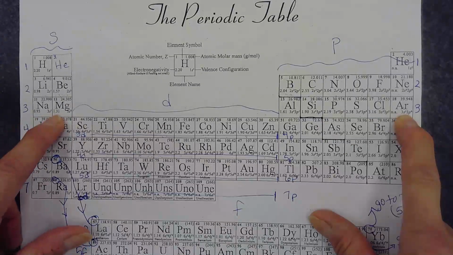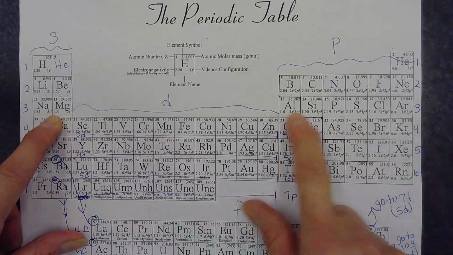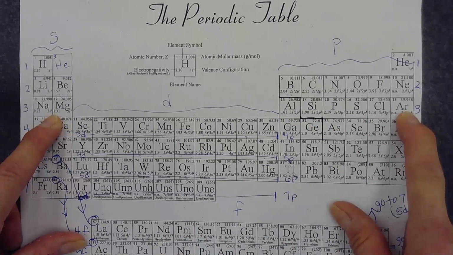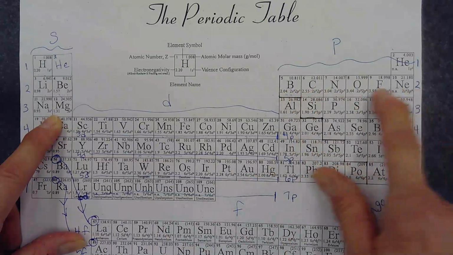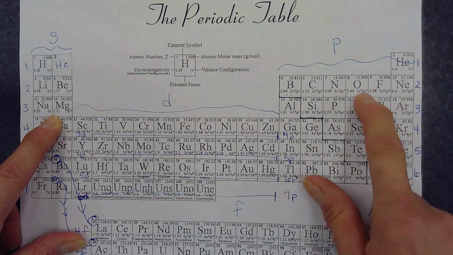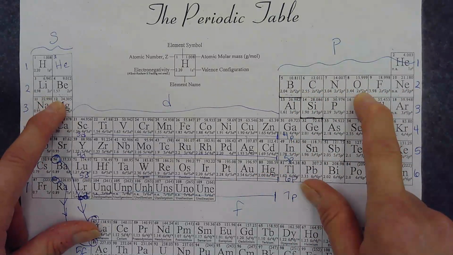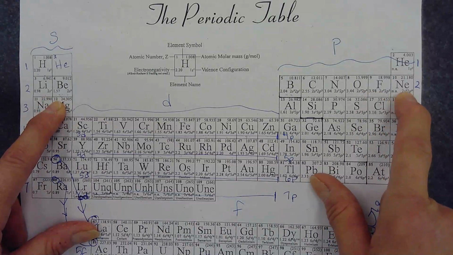Because don't we say 3s2, 3p6? Aren't there 8 in 6 plus 2? Yes. Look at neon. How many are here? 6 are in what subshell? P. And how many are in S? 2. Is that 8? Yes.